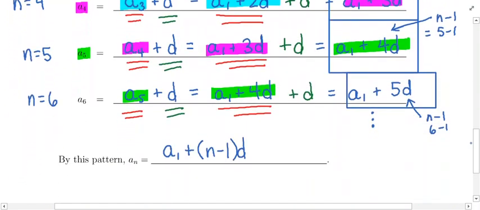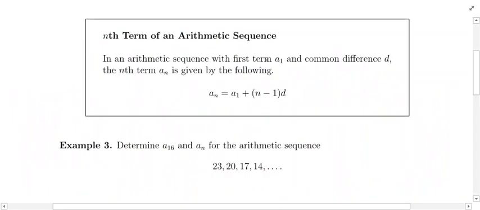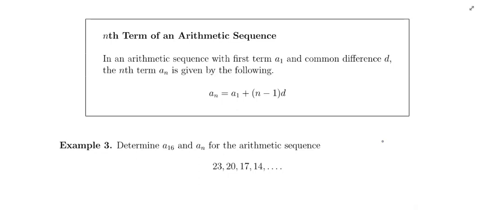So if you go to the top of page 3, I have this summarized in a box. To compute the nth term of an arithmetic sequence, this is what you're going to do. In an arithmetic sequence with first term A1 and common difference D, the nth term an is given by the following. An is equal to A1 plus n minus 1 times the common difference D.